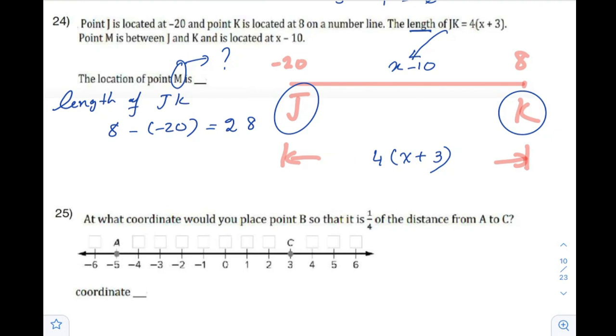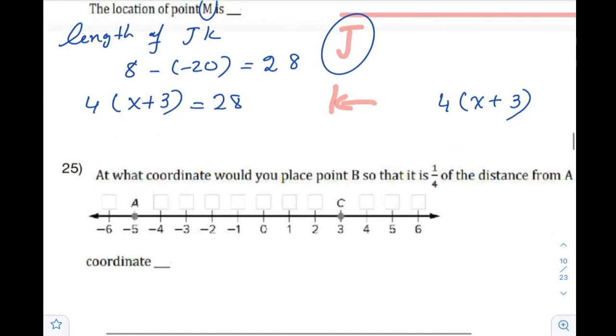Since this is -20 and this is 8, the difference is 28. This 28 is equal to 4x plus 3, because he is telling us that. And we need to solve this equation.